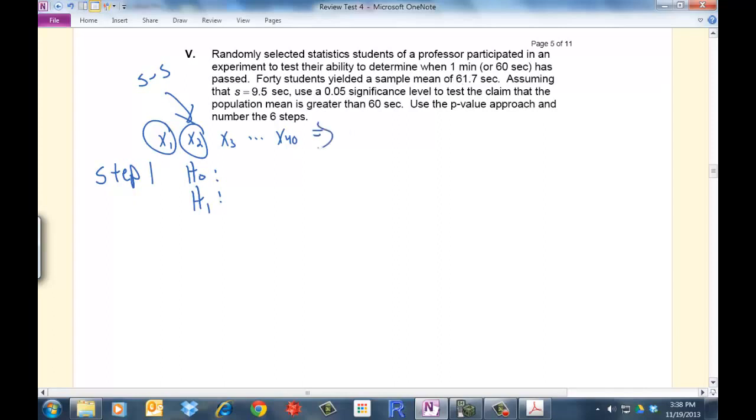So the sample mean, X bar, comes from these 40 individuals, and that mean time is 61.7 seconds. Assuming that the sample standard deviation is 9.5 seconds, use the 0.05 significance level to test the claim that the population mean is greater than 60. So the population mean is greater than 60. The population mean is equal to 60.